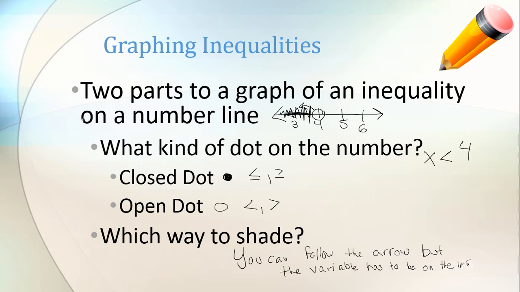So if we ever have a variable on the right, so if this would look like this, I can't follow this arrow because it's not going to be the right. These are actually the same statement, just flipped around. So if I ever come across one of these, I want to flip it so I see my x on my left. That is easier for me to graph. So make sure you pay attention to see if your variable is on the left, and then you can just follow the inequality arrow.